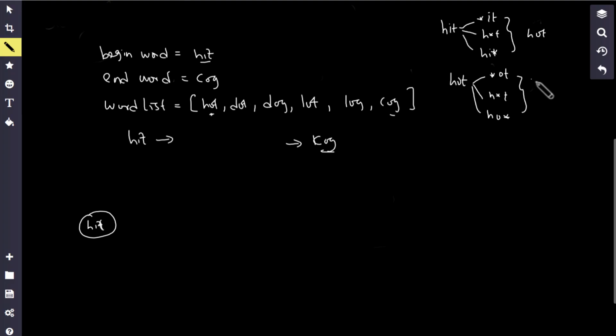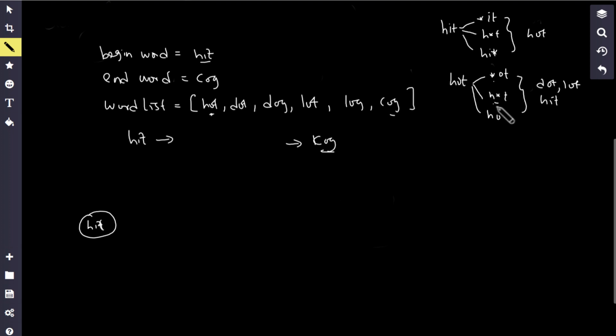Changing the first character, we have DOT or LOT, and the other one, looking at this, has to be HIT.